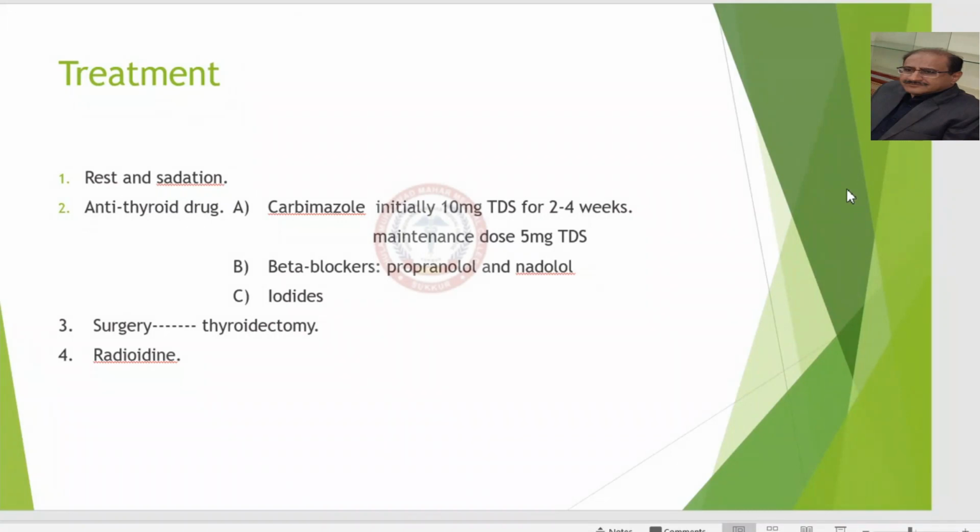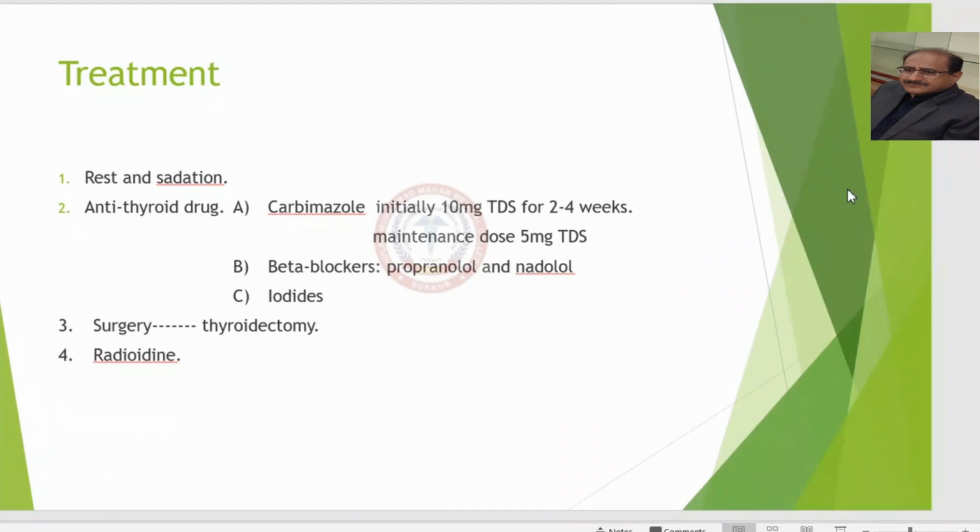So first of all, we have to control the toxicity by antithyroid drugs, and these are used for a period of 1 to 2 years. And 1 to 2 years is the maximum period to control the toxicity of thyrotoxicosis.